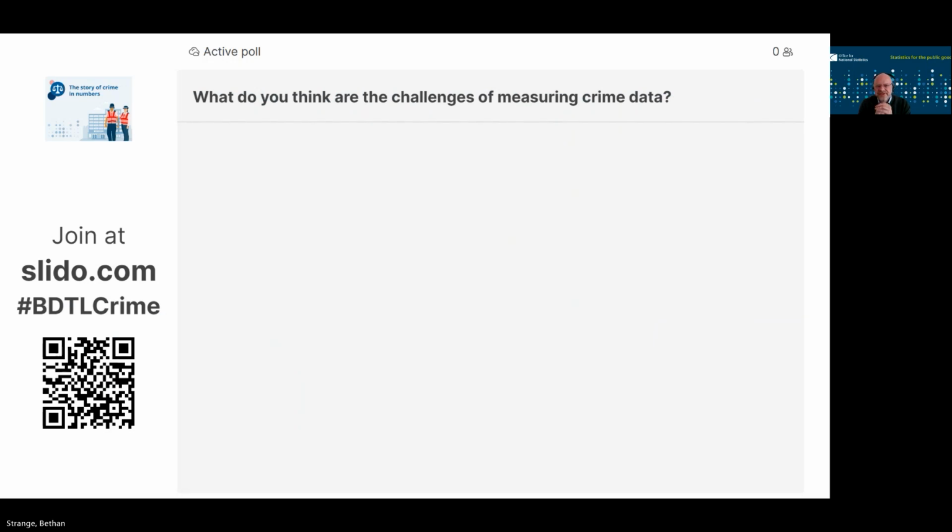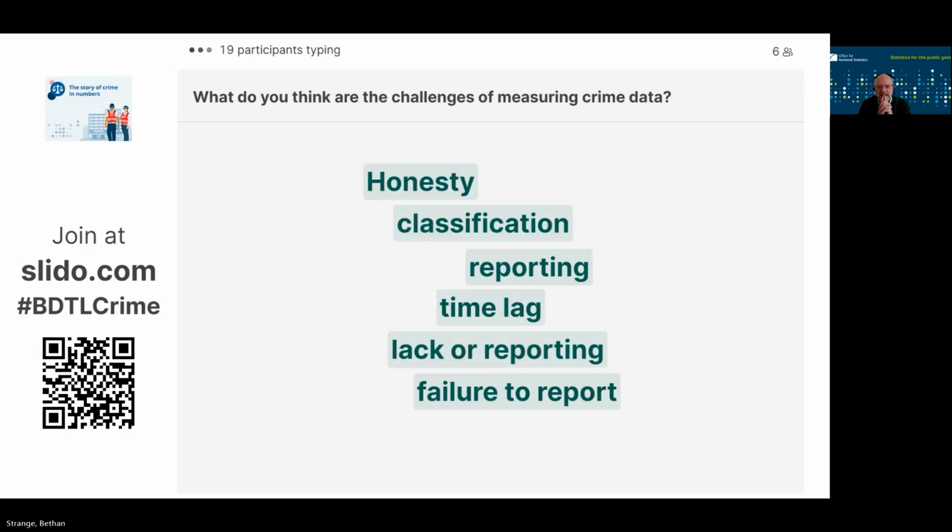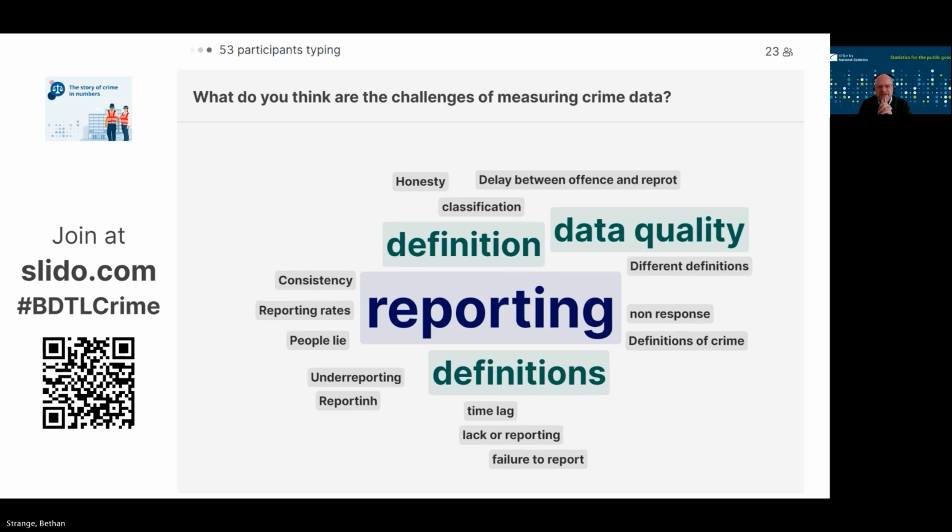So with that little introduction, this is a little word cloud. Just type in what you think some of the challenges might be in terms of measuring crime data. Some good ones coming through.